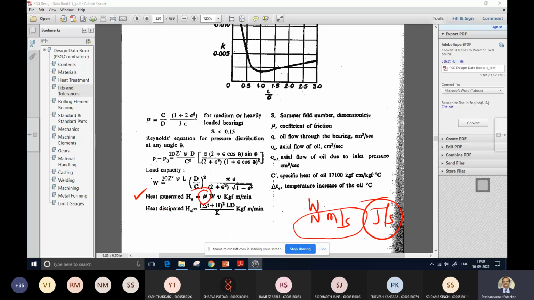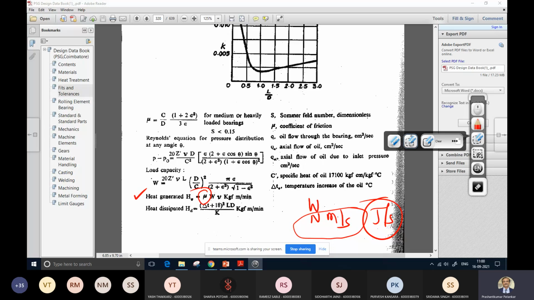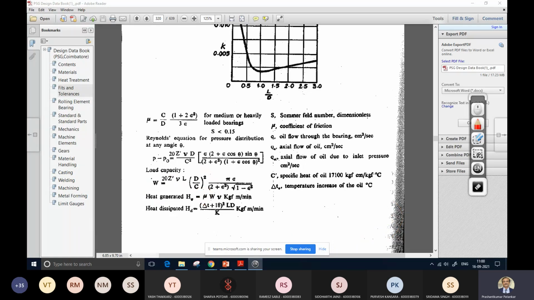Okay, and now when you are calculating the performance of your hydrodynamic journal bearing, you have to make sure that whatever heat is generated, the entire amount of heat has to be dissipated.